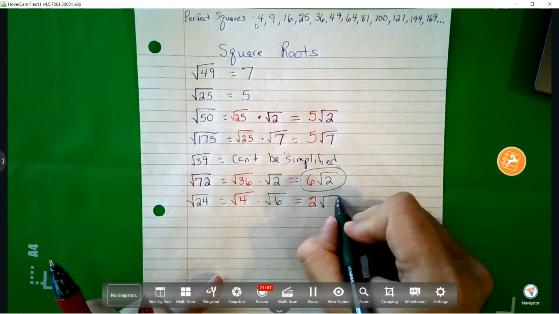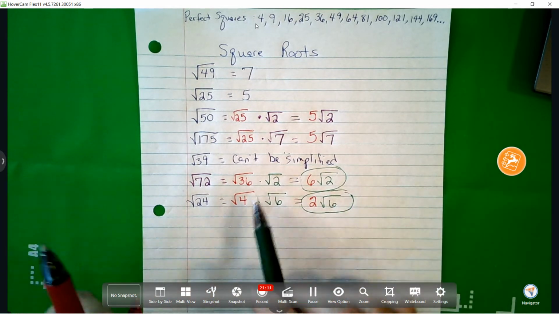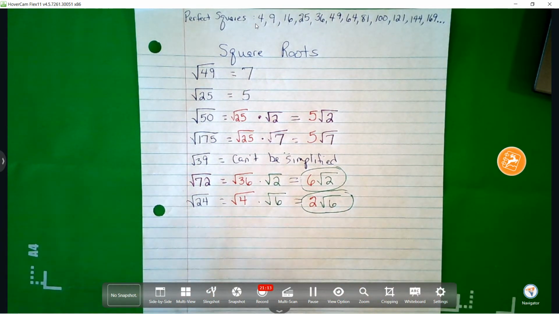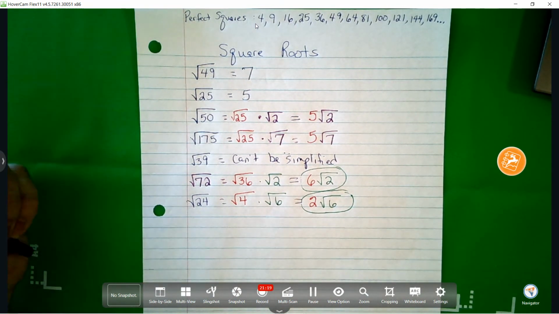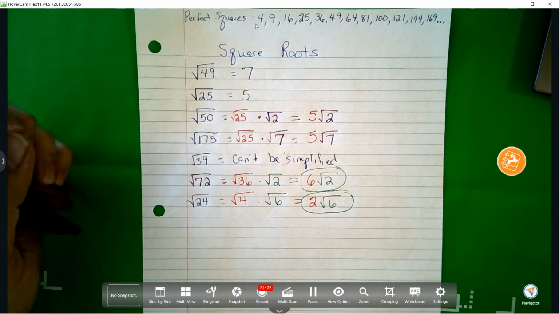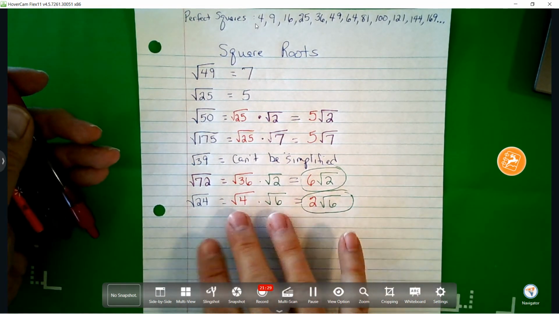Square root of 6. Sometimes students say, wait a minute, do I have to write out everything you're writing? I can go from here to here without showing that. And I always say, your goal is different from my goal. Your goal is to get the correct answer as quickly as possible. Well, without cheating, okay? But my goal is to try to show my thought process, and that's what I'm doing here.